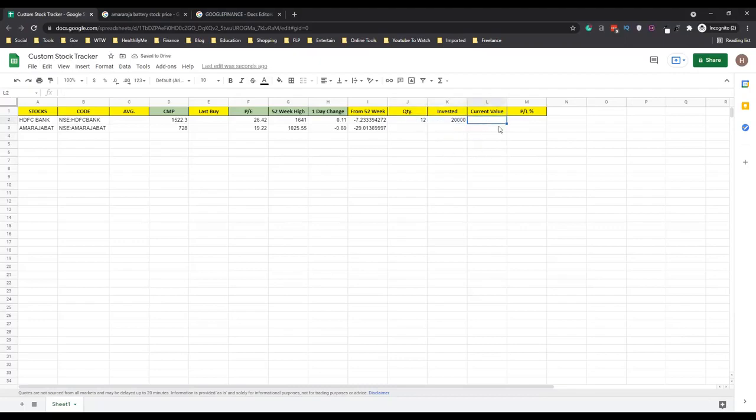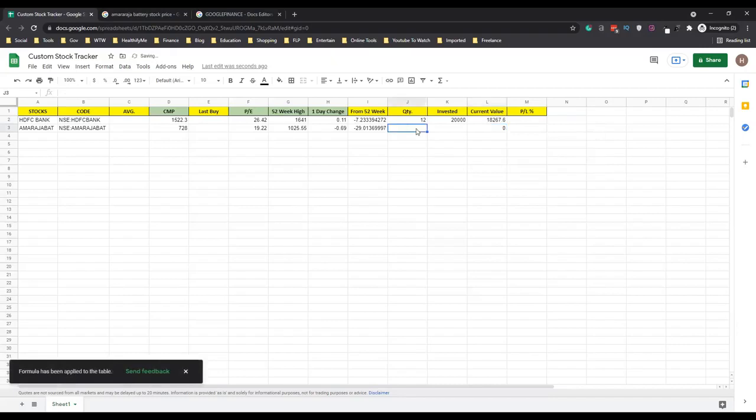For current value, we can enter a formula: equal to the current market price, into the number of stocks I already have. This will give the current market value. And same for Amara Raja. So quantity I will enter 10, invested value 10,000.